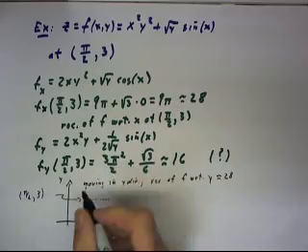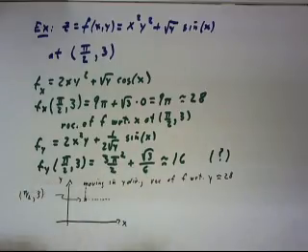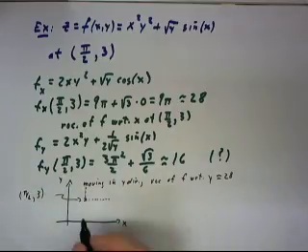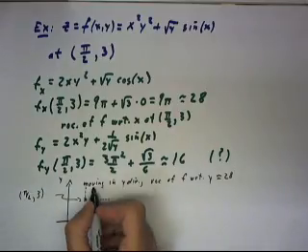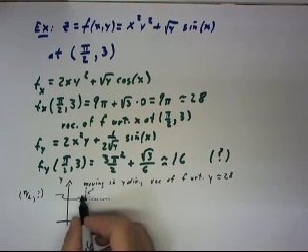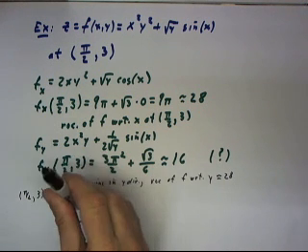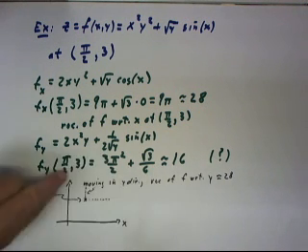Of course, this line segment represents motion in the y direction. This line segment represents motion in the x direction. So if we move along the y direction, we're going to go up 28 times as fast as we move across.